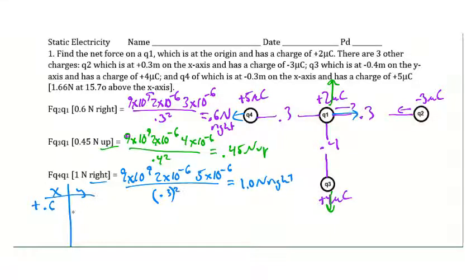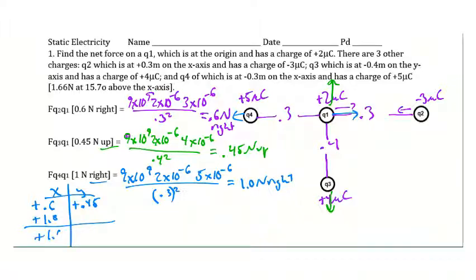Up and down, obviously, would be y-axis. So it's going to be plus 0.45 on our y-axis. And the last one was right. Going to write plus 1.0. And we only had 3. So those are our 3 components.